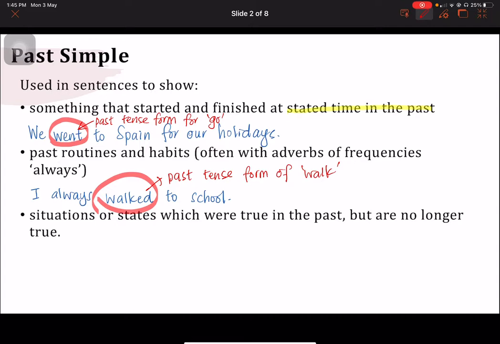And then past simple is also used to show situations or states which were true in the past but are no longer true.